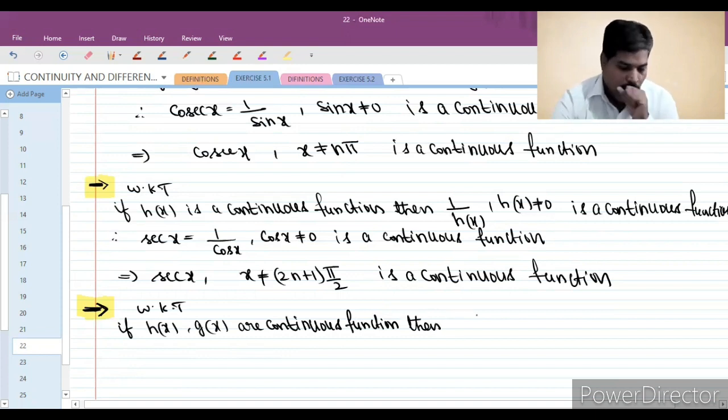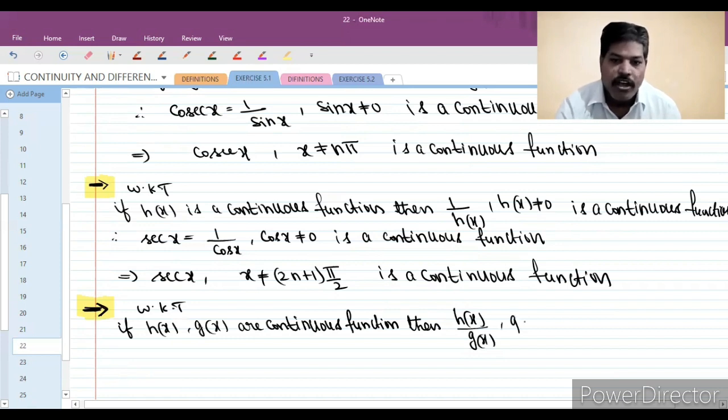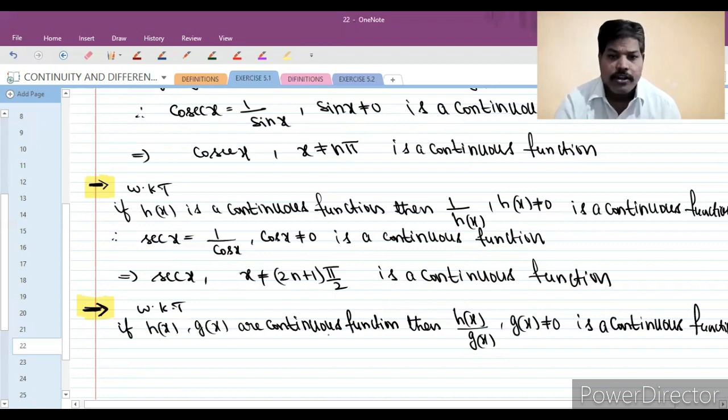H of x by g of x, comma, g of x not equal to 0, is a continuous function. So h of x and g of x are continuous functions, then h of x by g of x, comma, g of x not equal to 0 is a continuous function.